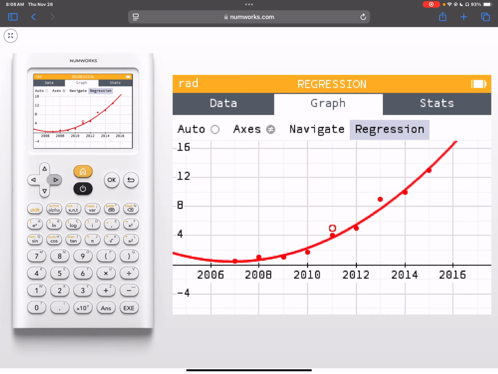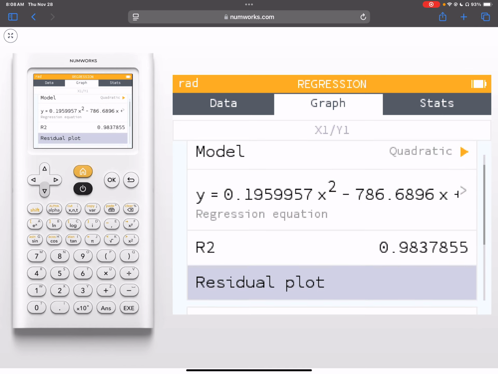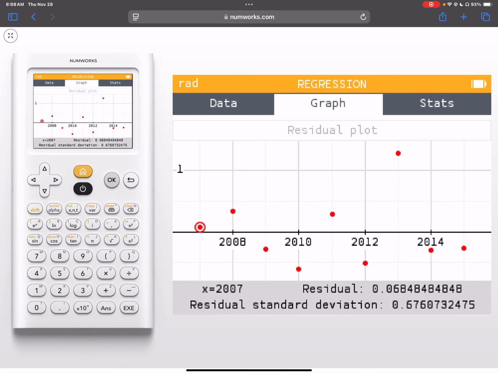Now if I go into regression and go back down to the residual plot, we get this new residual plot where I no longer have that pretty pattern. My points are kind of all over the place, scattered throughout. And that's pretty much what I want to see in a residual plot.